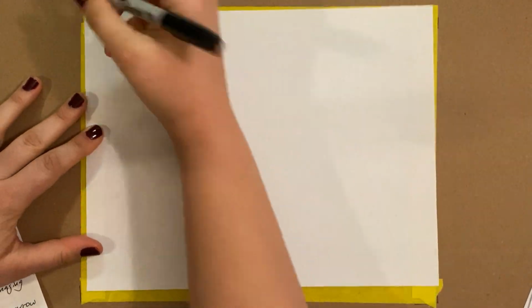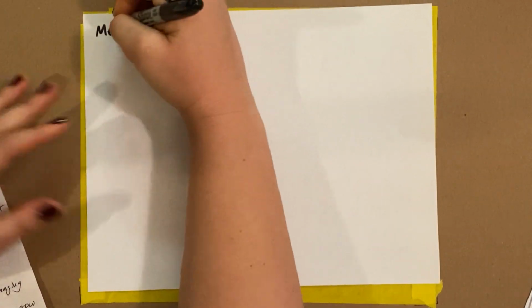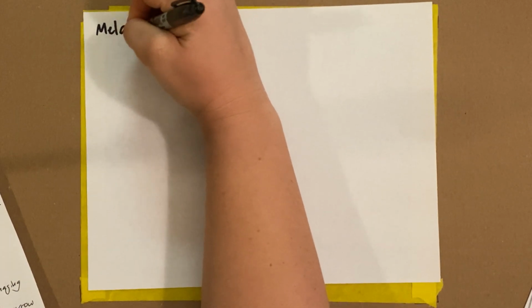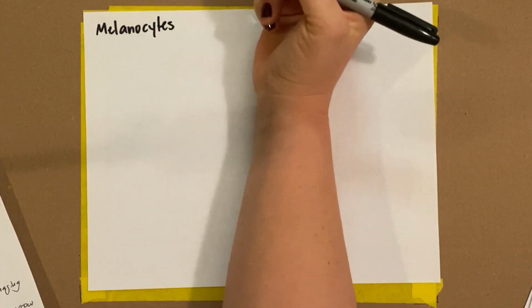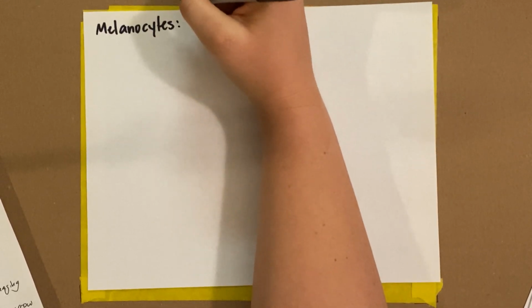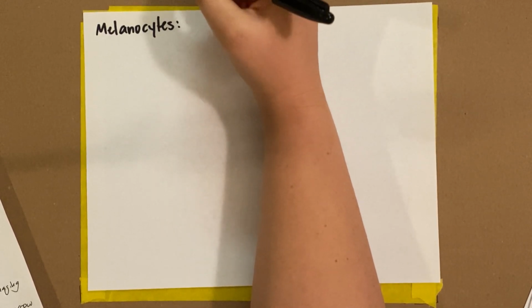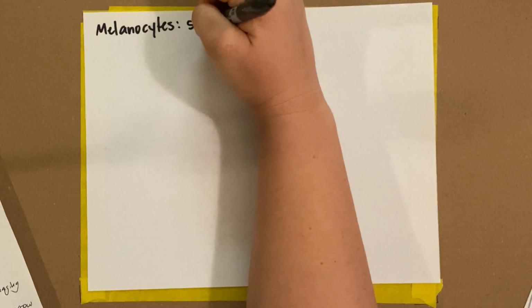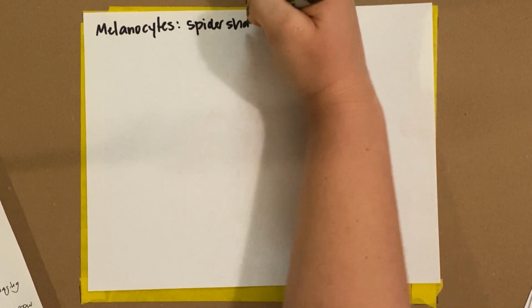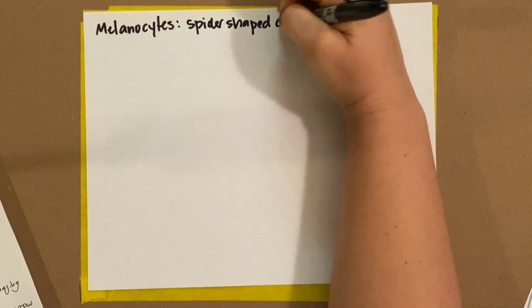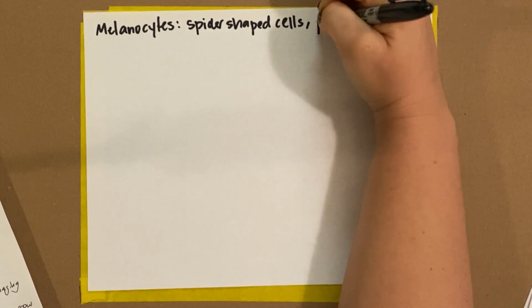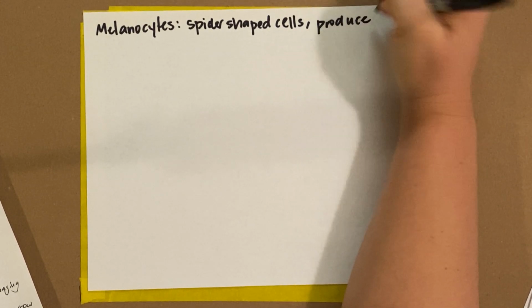Okay, the next type of cell that we're going to discuss are melanocytes. All right, so we have melanocytes. These are spider-shaped cells, and they produce melanin.